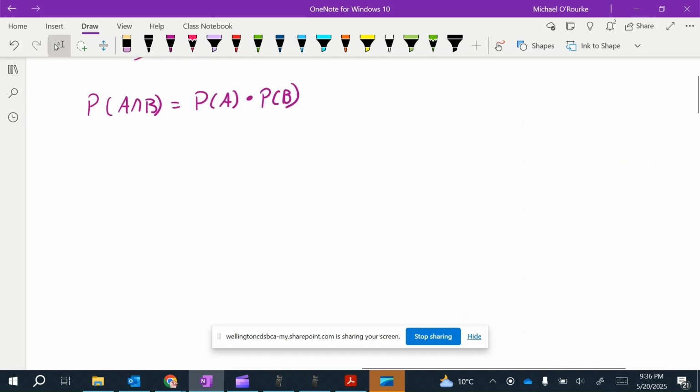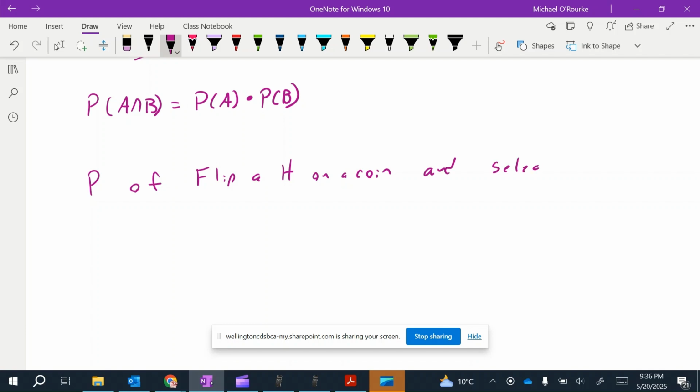So an example of independent would be a question such as, what's the probability of, let's say we flip a heads on a coin and select a club from a deck of cards.